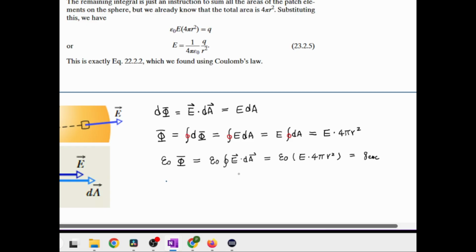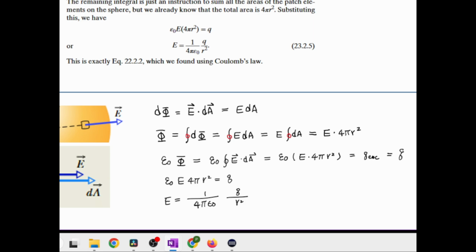And of course, the total charge enclosed is just the Q itself. So this one line here is the application of the Gauss' law, from which, and with a bit of algebra, we can obtain an expression for the electric field evaluated on the Gaussian surface.